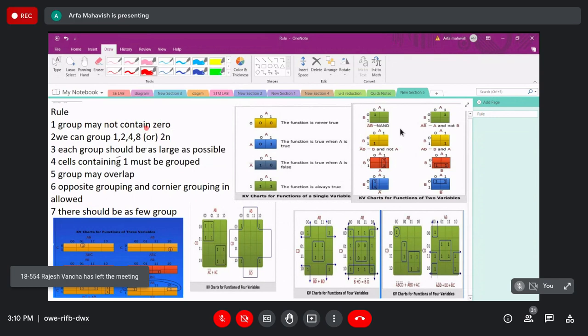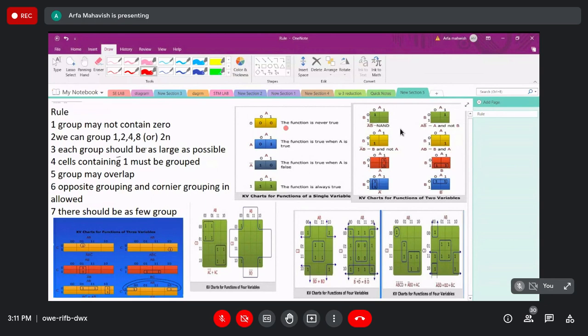So listen carefully, guys. We have these 7 rules. By using these 7 rules we are implementing the KV chart, okay? So the first rule is a group may not contain the 0. Group is nothing but this kind of thing.